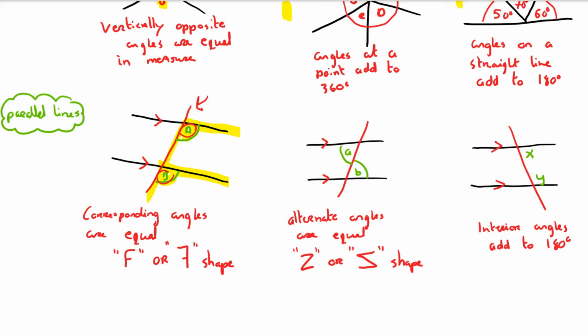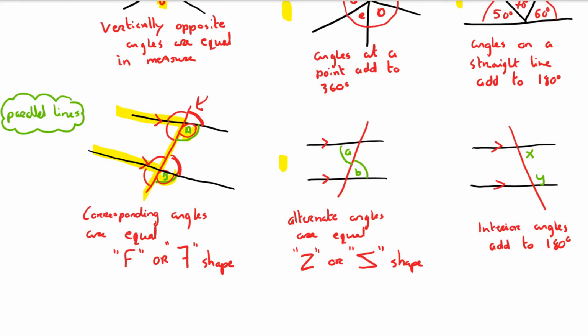We could also look at this side over here, and it's a backwards F, and this angle here will be the same as this angle here. Also this angle here is the same as this angle here, and this angle here is the same as this angle here. They're all corresponding angles.